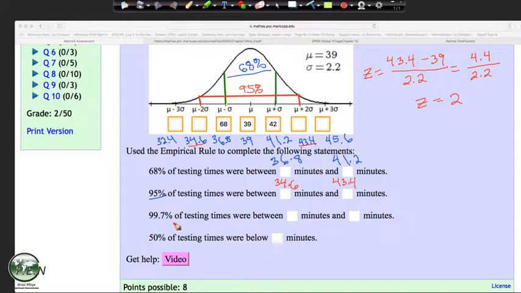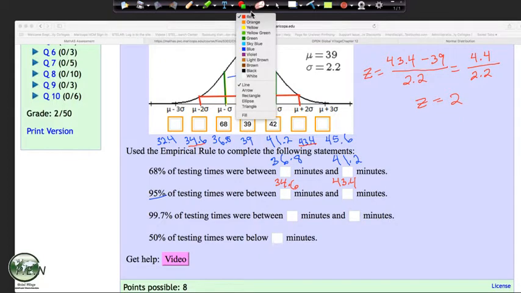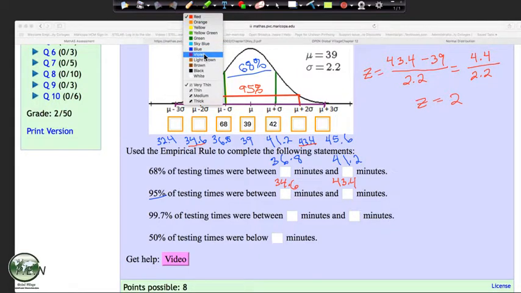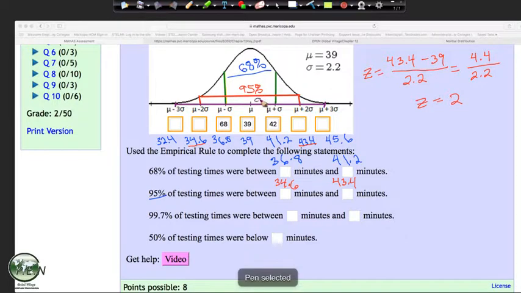And then 99.7, remember that's 3 standard deviations out. Let's use violet, why not? So it looks like, here to here, not much to draw, right? We're 3 standard deviations out, but from here all the way to here, that's what the 99.7% of the data is.